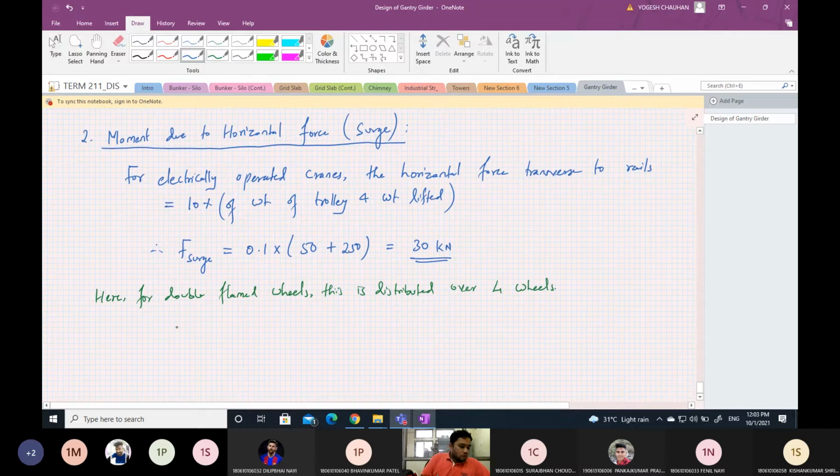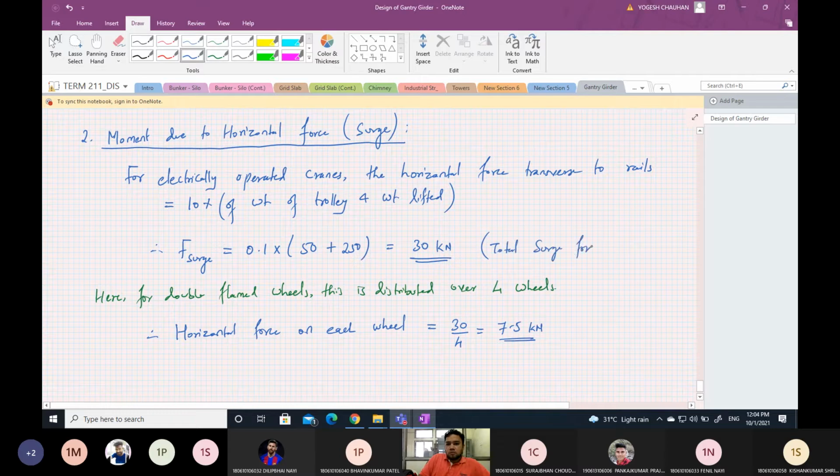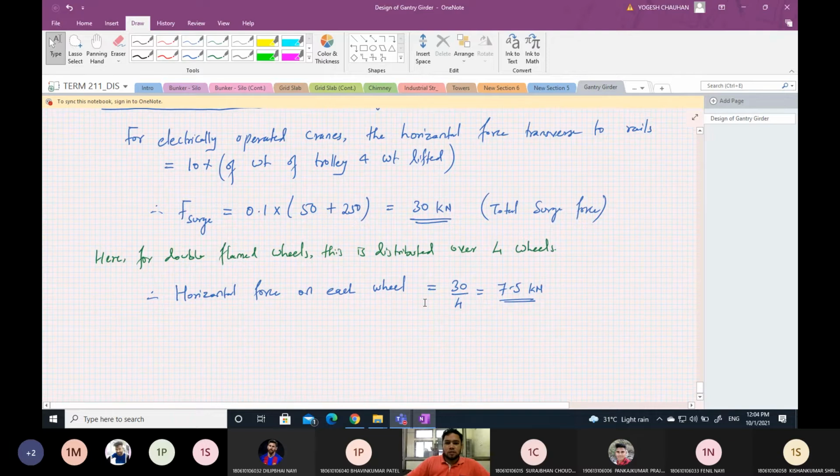Therefore the horizontal force on each wheel will be equal to 30 by 4, that is 7.5 kilonewton. This is the total surge force, and it is distributed over 4 wheel loads, so it will be 7.5 kilonewton.